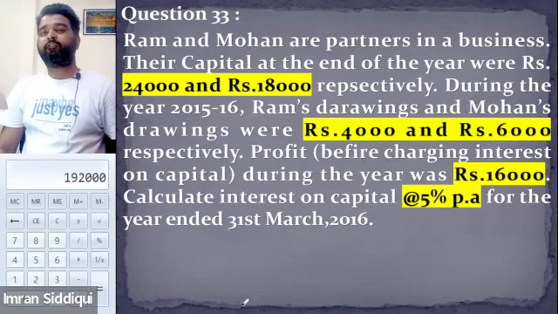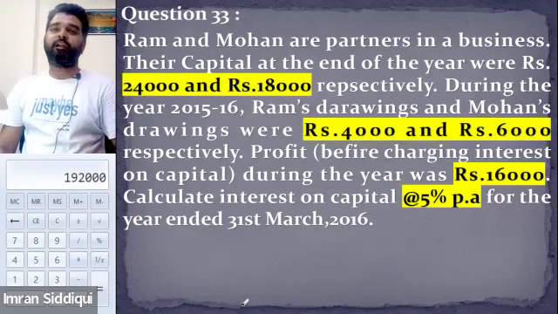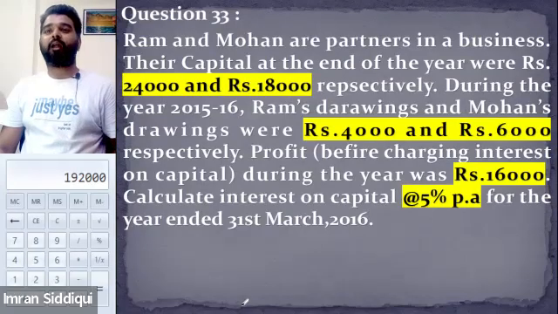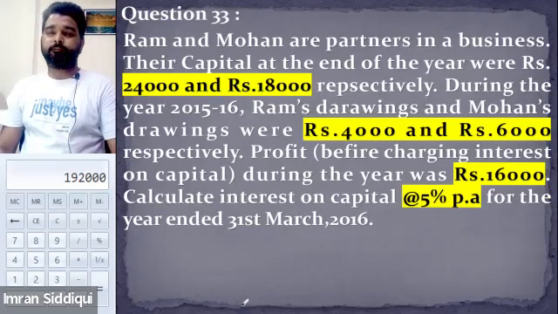Note this point very carefully: this is the closing capital balance of the partners. Ram and Mohan have their closing capital balances of 24,000 and 18,000.